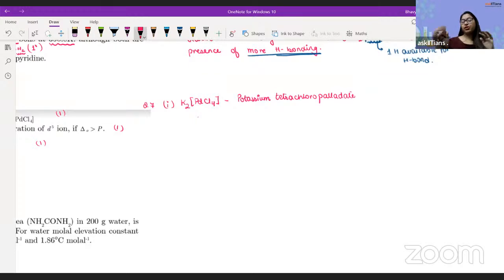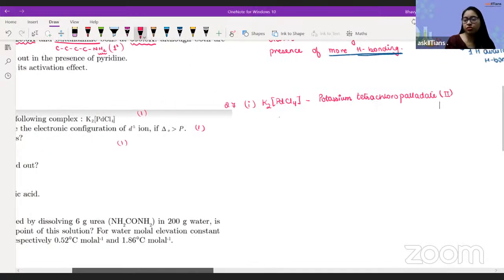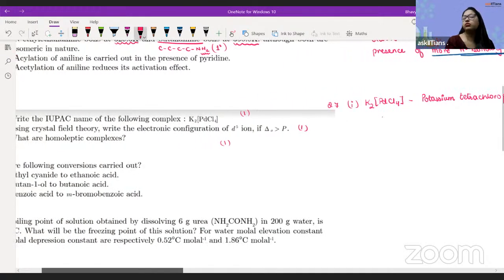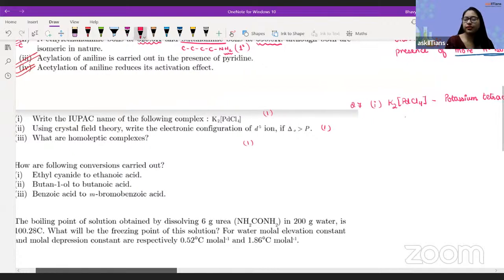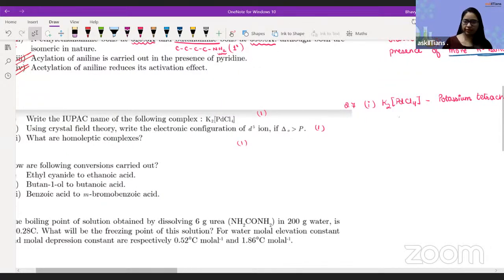Because whenever there's a central atom lying in the anionic part, we have to make sure that the name ends with -ate, followed by its oxidation state in Roman numerals, which is II. I hope you all know how to find out the oxidation state, right? So that is the only thing. And this is such a simple question. Here, you will get 1 mark. Direct question, easy question, 1 mark question.